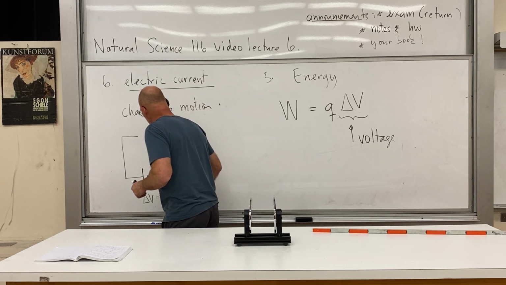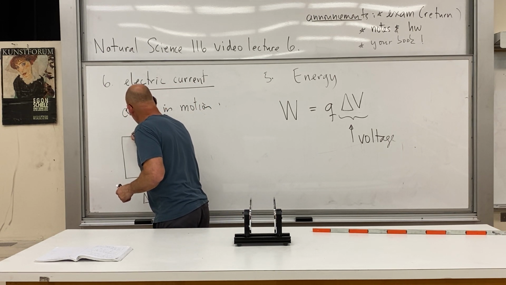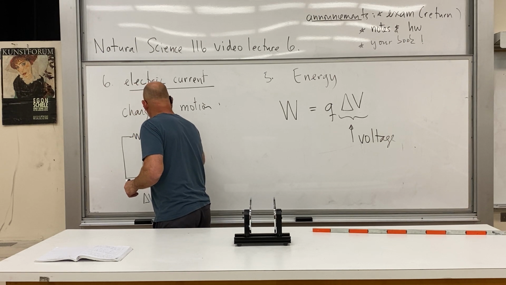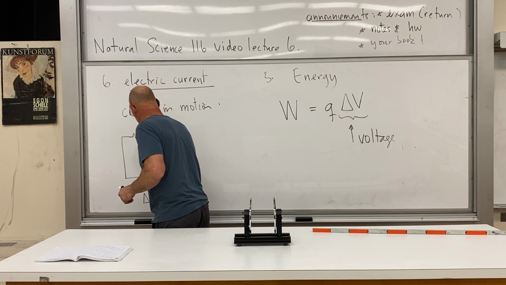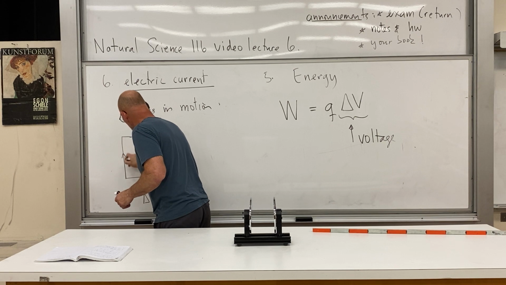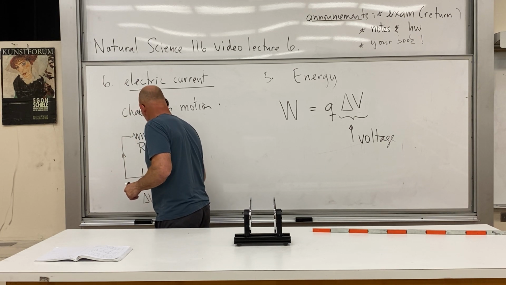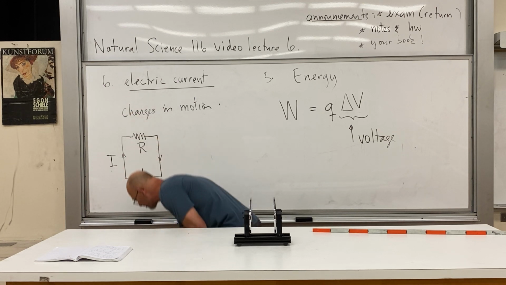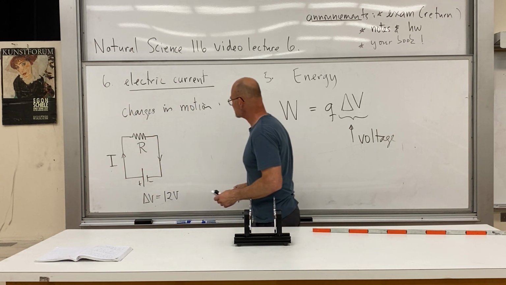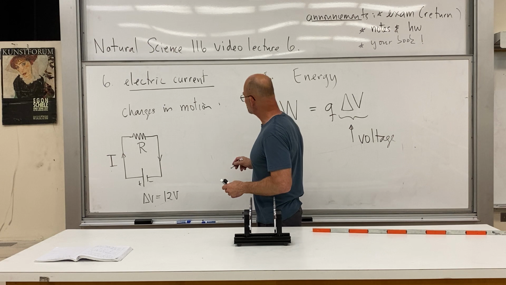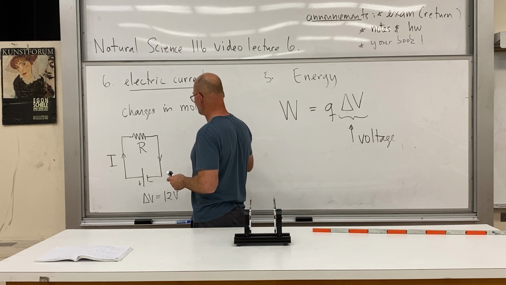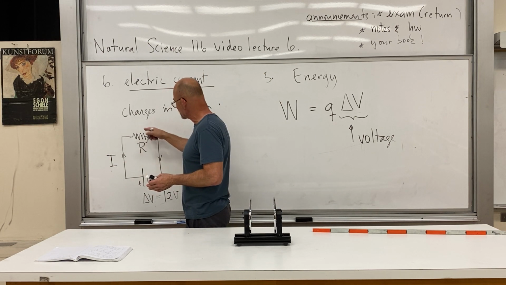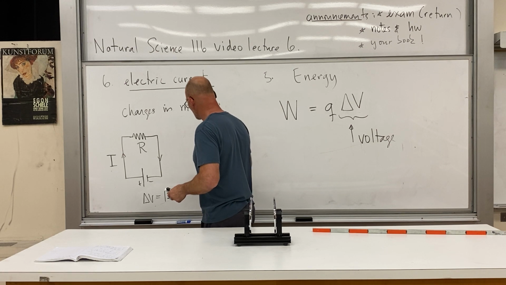So here's the symbol and here's the drawing right after it. The symbol is that the current flows through a resistor and it goes from plus to minus. So there's the direction, and the current is called I. So it's a charge in motion, or charge is in motion going through a resistor.